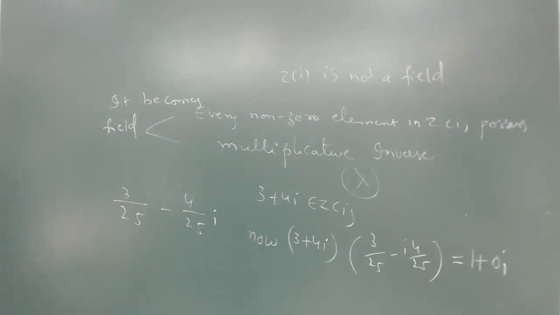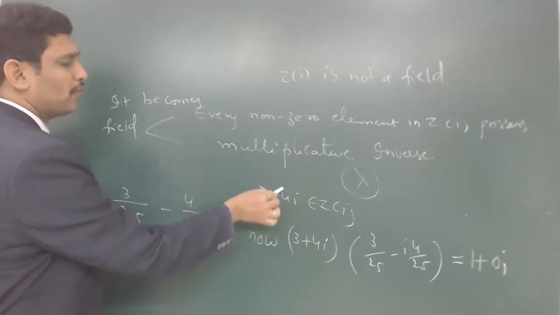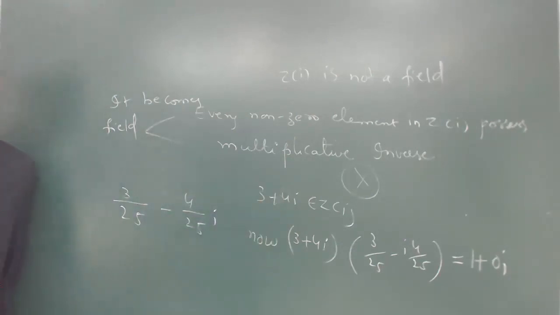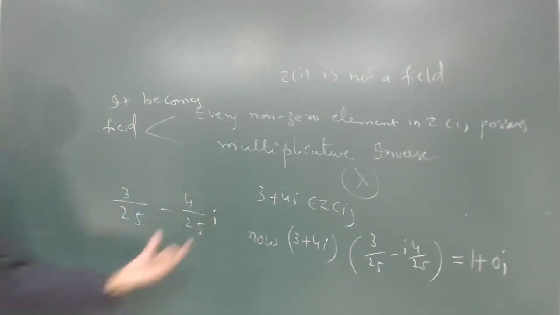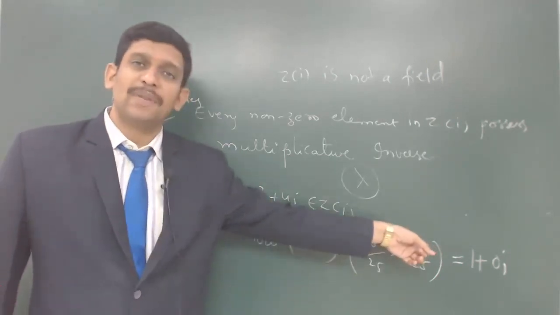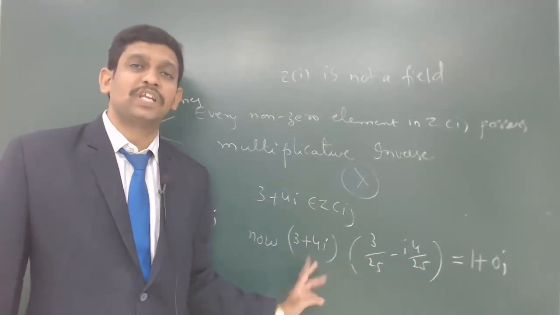How did I get this? Because 3 square is 9, 4 square is 16. If you sum them up, it is 25. So 3 by 25 minus 4 by 25 into i. If you multiply these two, you will get 1 plus 0i, which is the unity element. So this is the inverse of 3 plus 4i.